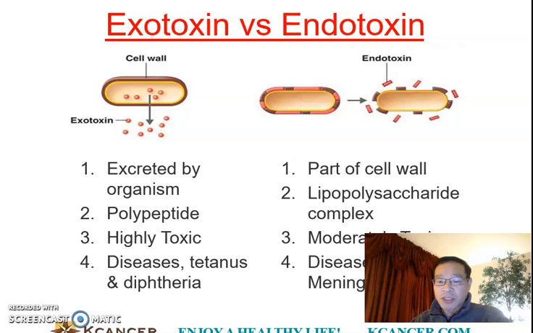The endotoxin, of course, in our presentation we classify as environmental toxin because these toxins come from bacteria, and bacteria infect us and generate this toxin. We call it endotoxin.